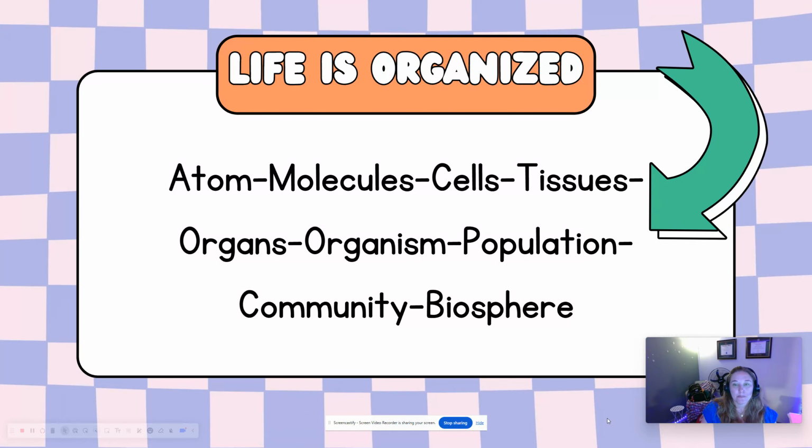And cells are the basic unit of structure and function of living things. And living things can be single celled, one cell makes up the whole living organism, or multi celled, like you and I. If we put a bunch of cells together, give them a job, they are tissues.